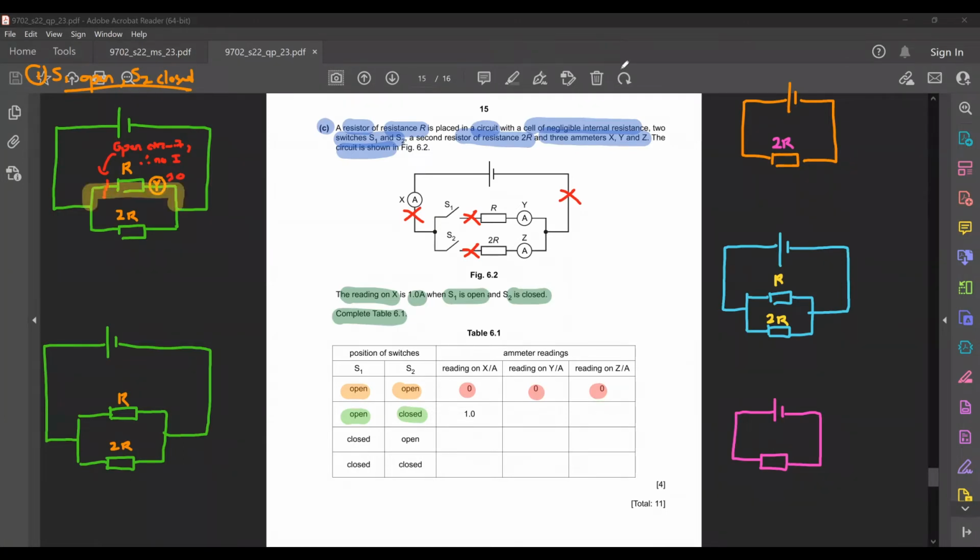For the part where current is flowing, current will flow out from the battery here before reaching this junction. But because the top part is an open circuit, no current will actually flow through. All the current will instead flow through the bottom path before returning to your battery. Okay, so we had ammeter X here, whose current is already stated to be 1.0 amps.